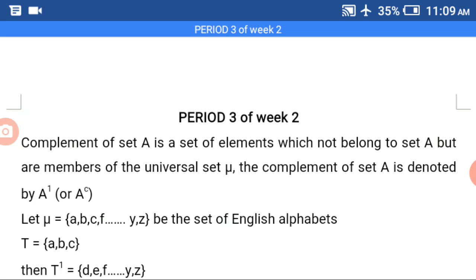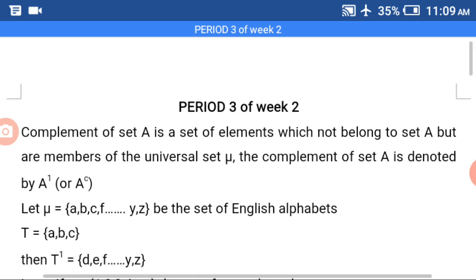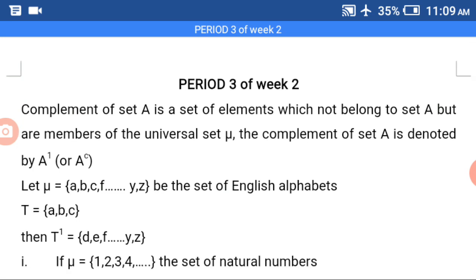So today, we want to look at complements of sets, in order to conclude our work for this week.